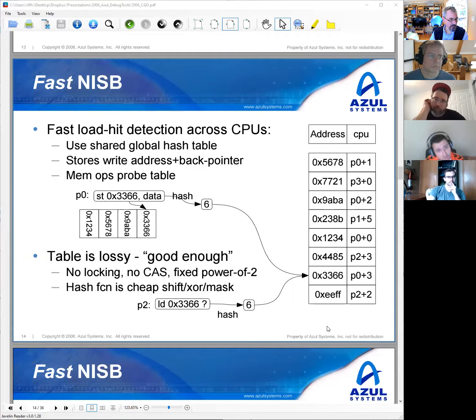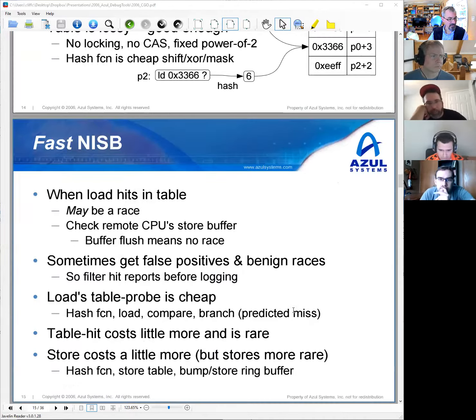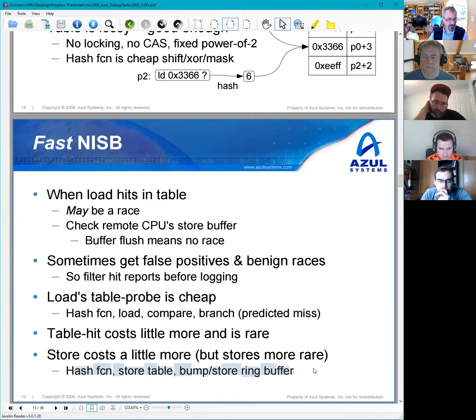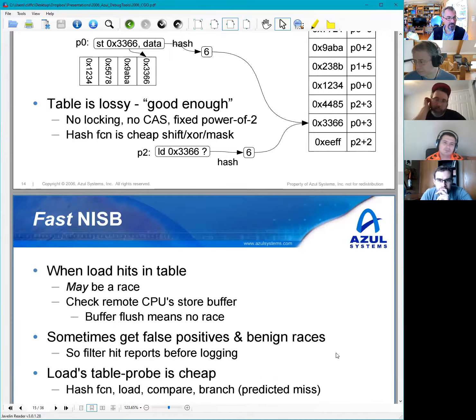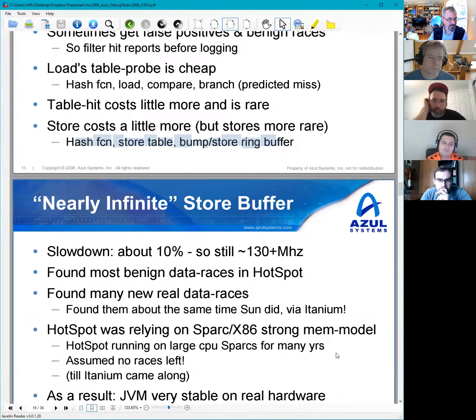Where's the PC stored here? I swear I stored the PC. The load is looking in the table, so the stores are in the table. Oh, you have the PC on the load right away. I know I stored the PC. The store has to store into the table and the ring buffer. The load only probes the hash. The store stores it twice.